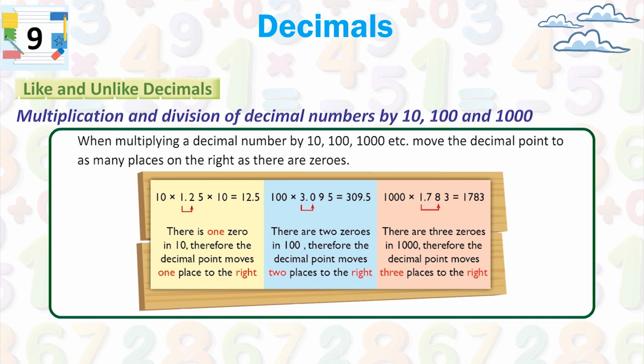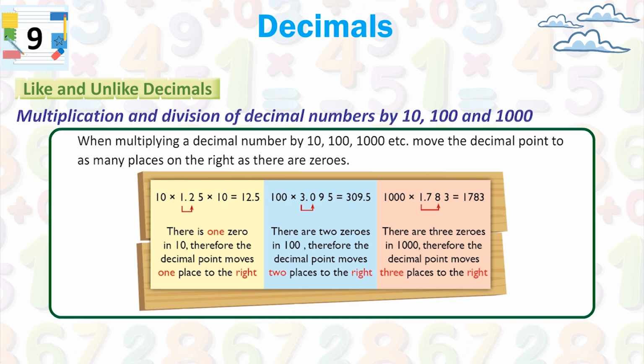There is 1 zero in 10. Therefore, the decimal point moves one place to the right. 100 into 3.095 is equal to 309.5. There are 2 zeros in 100. Therefore, the decimal point moves 2 places to the right.